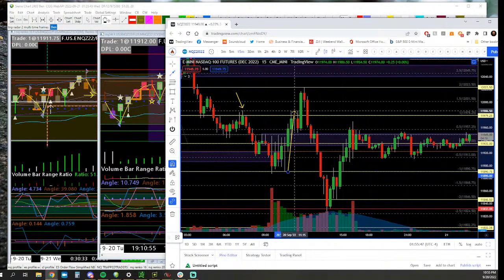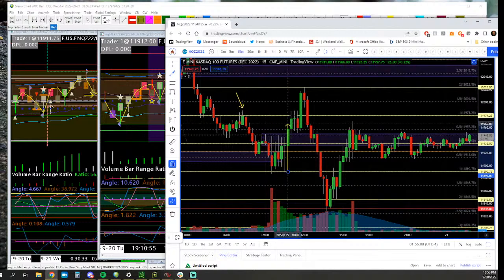Well, it's going to break this almost for sure, because there's liquidity still up here. See how this is still below this high here? So this is just prepping for the release. And when it's a perfect pour high like this, just assume it's going to get beat. Maybe not right away.